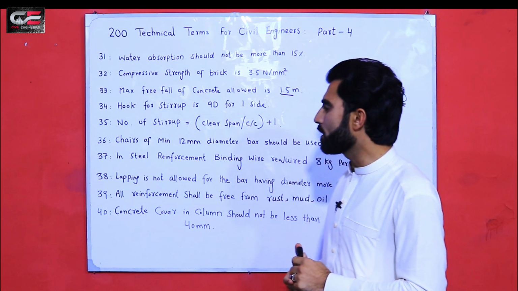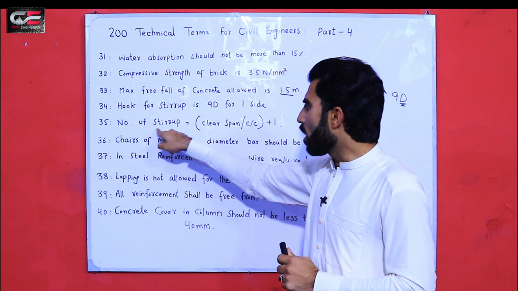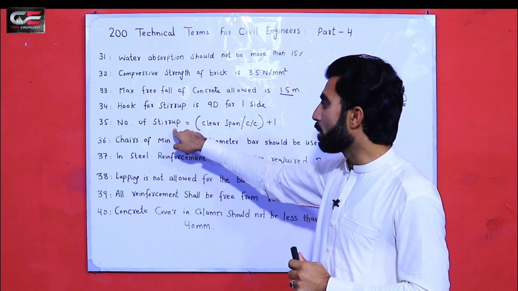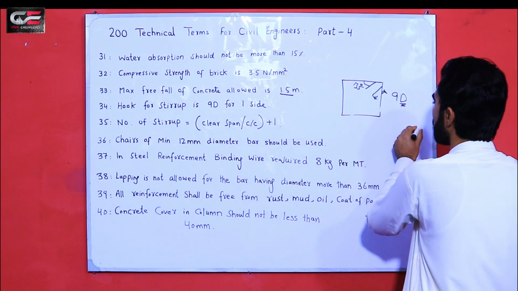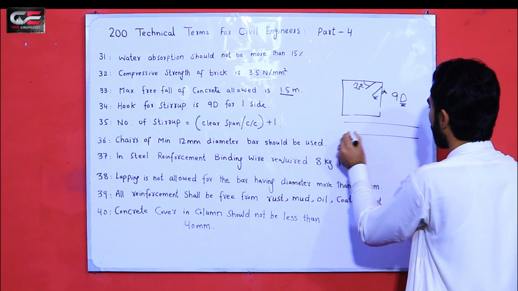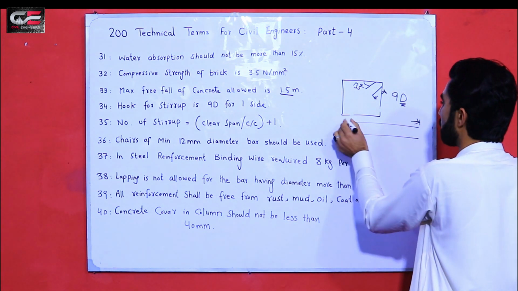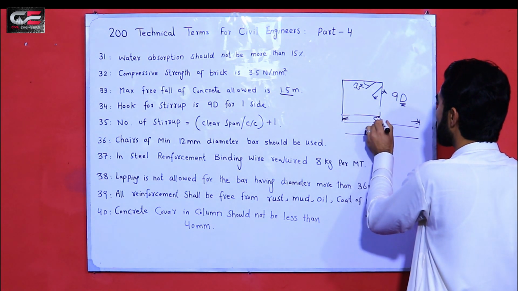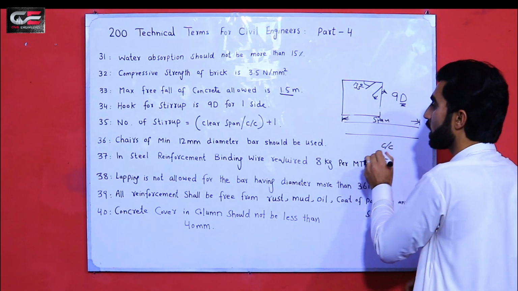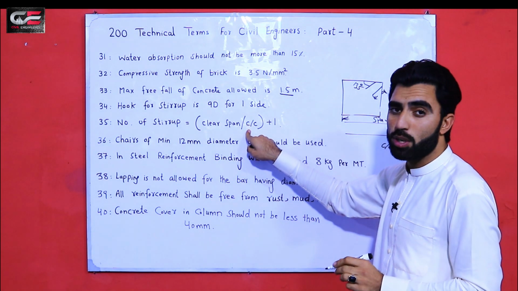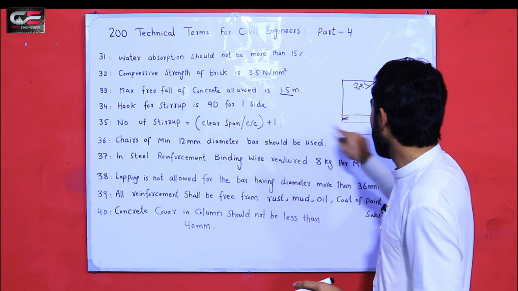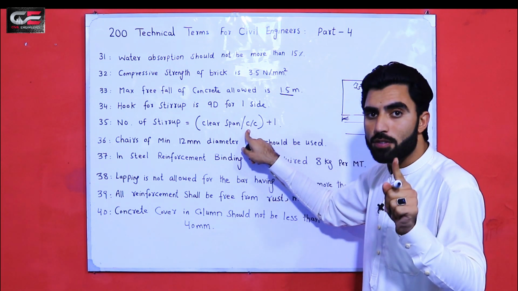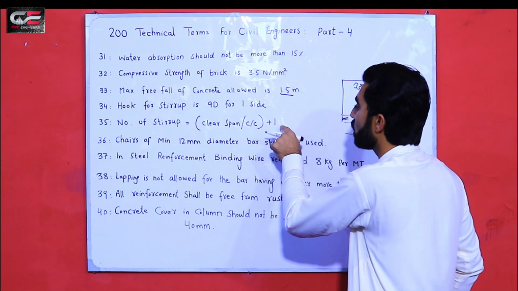Guys, the 35 tip shows you the number of stirrups, how you can get the number of stirrups. What is the formula? For example, this is a beam, and this is the clear span. Clear span divided by the center to center spacing between two stirrups, if that is 7 inch or 6 inch, then we add 1.